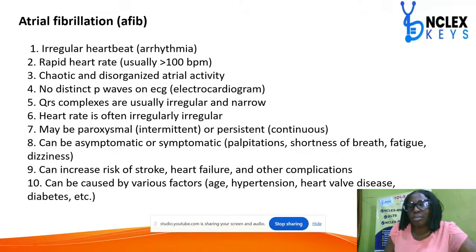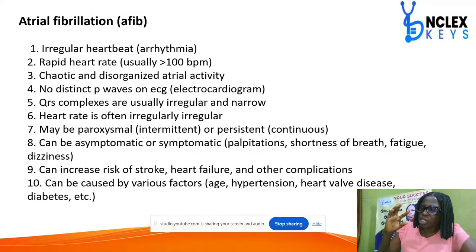This is one way to distinguish between A flutter and AFib. A flutter is most times regular, meaning that R to R will be constant, while AFib is always irregular.